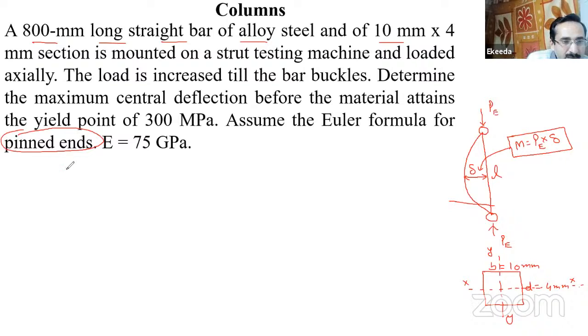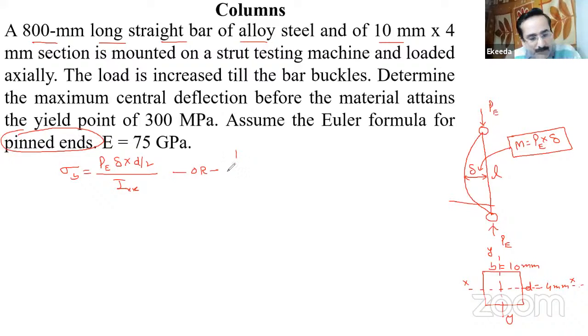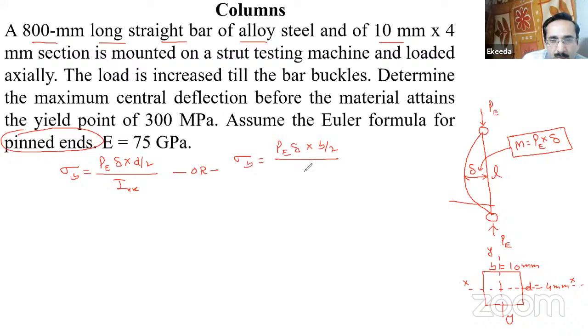So we have written that sigma b will be equal to M by I, PE delta is the moment, into d by 2 by Ixx. Either this is correct, or sigma b equal to PE into delta multiplied by b by 2 if the minimum moment of inertia is Iyy, right? These are the two cases. So first we have to find out Ixx.